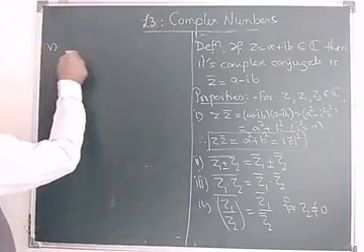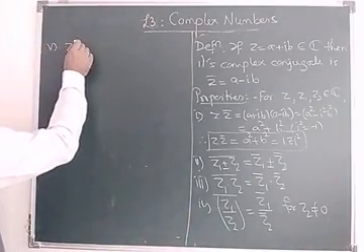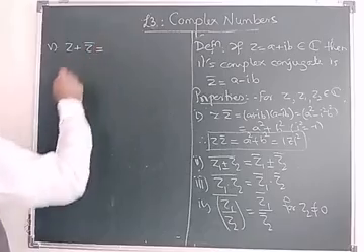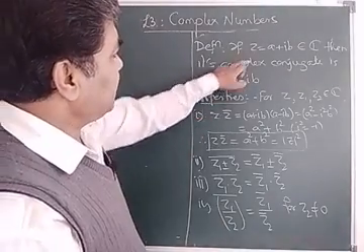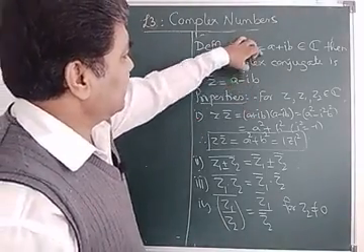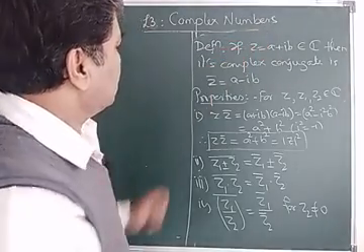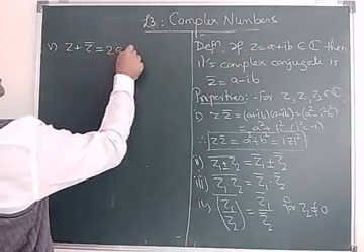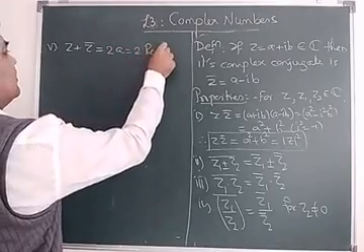Fifth, for complex number z equal to a plus ib, z bar is a minus ib. If I take the addition z plus z bar, ib gets cancelled, we will get 2a, which is nothing but 2 times the real part of z.